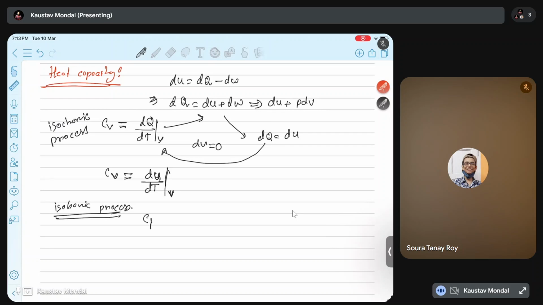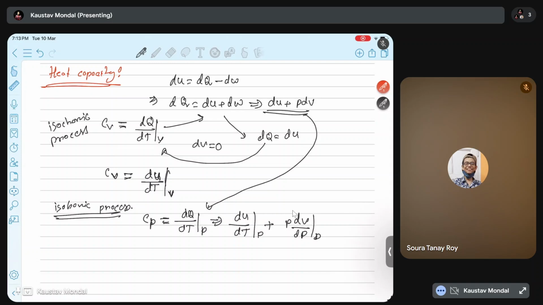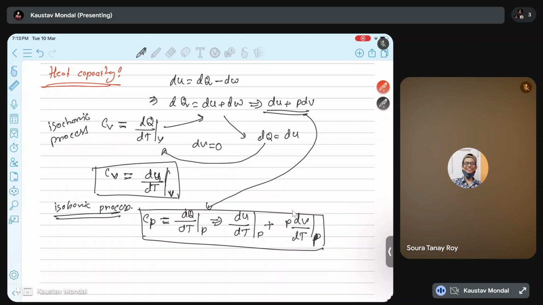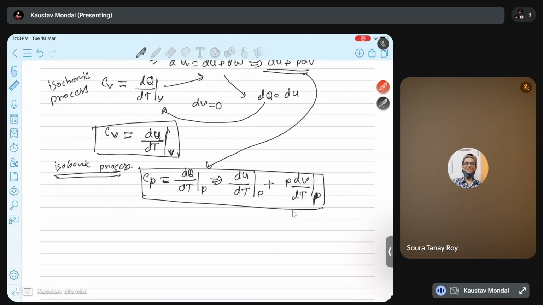It is known as CP, which is dQ by dT at constant pressure. Substituting the dQ expression here, it becomes dU by dT at constant pressure plus P into dV by dT at constant pressure. So this is the expression of CP, and the earlier one is the expression of CV for different processes: one isochoric, another isobaric.